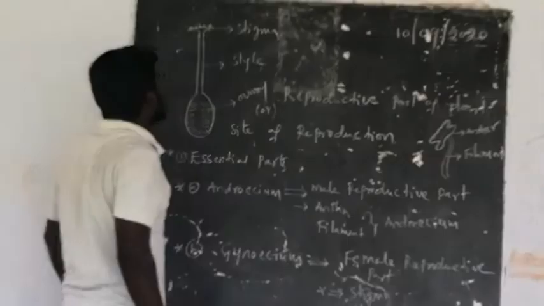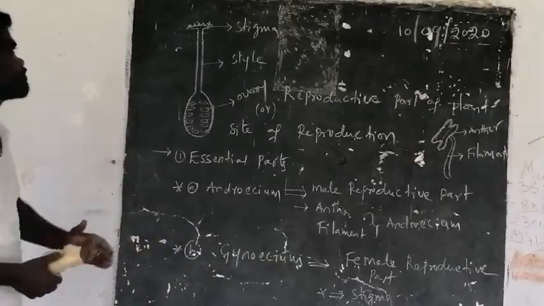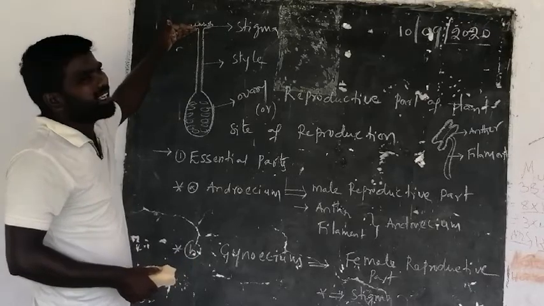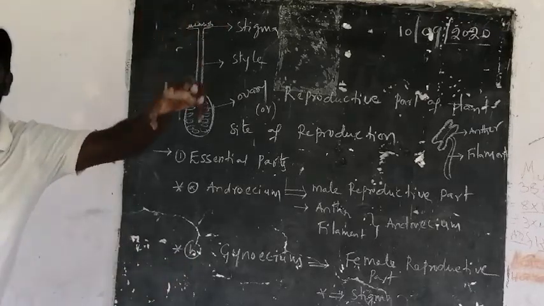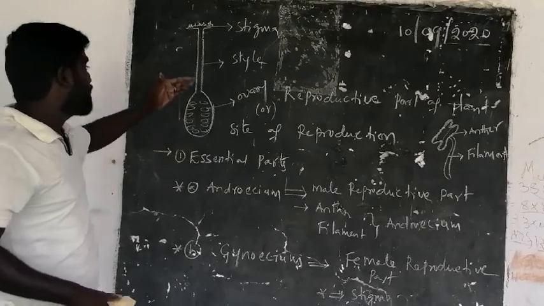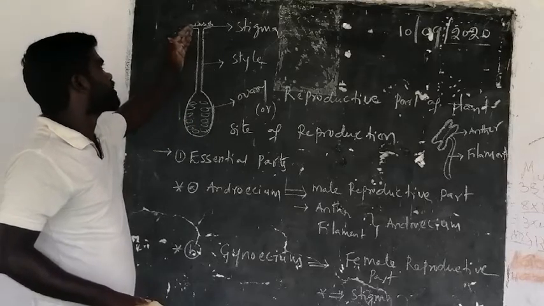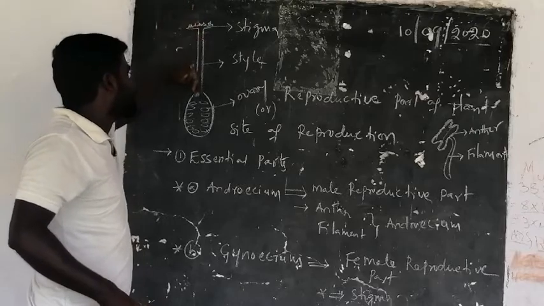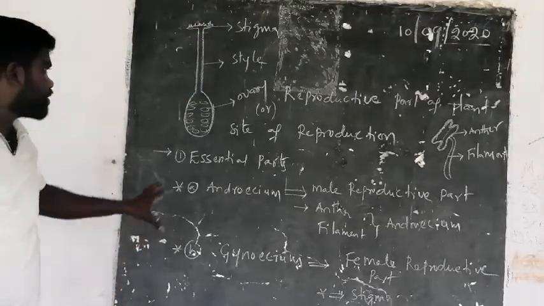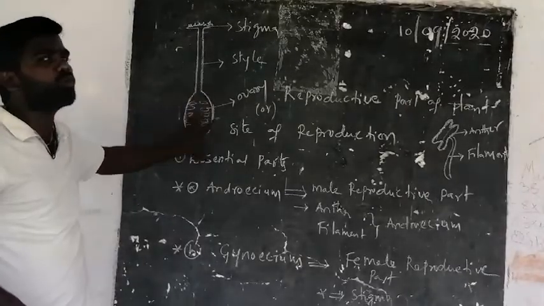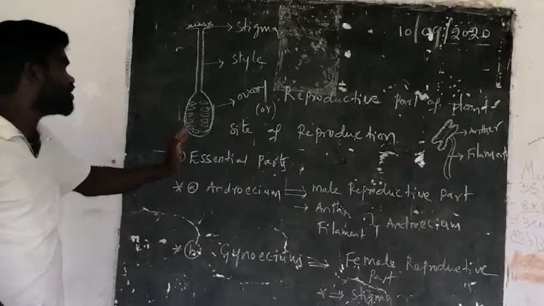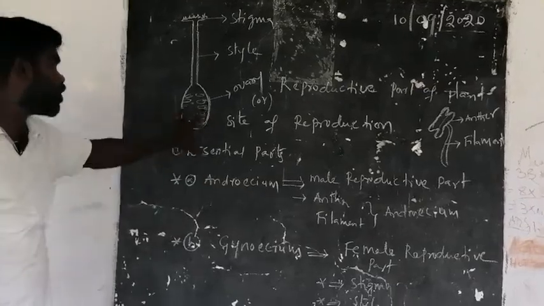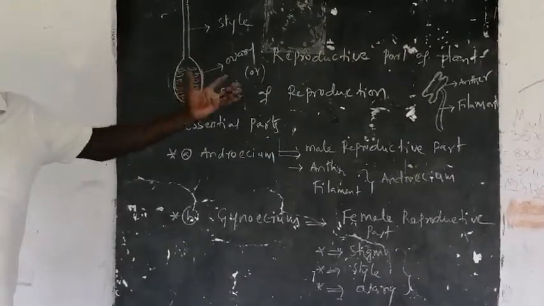Stigma is an antenna-like structure which attracts the pollen grains. The style is a tubular structure which allows the entry of the pollen grains into the ovary, and the ovary is the bulged part in which ovules are present. These ovules after fertilization become seeds, and this ovary after fertilization becomes a fruit.